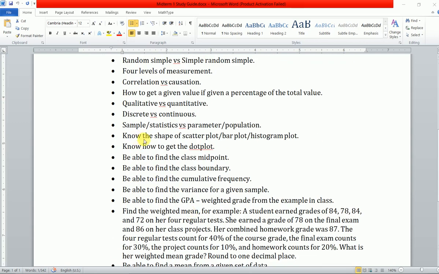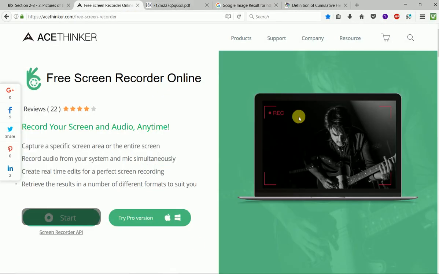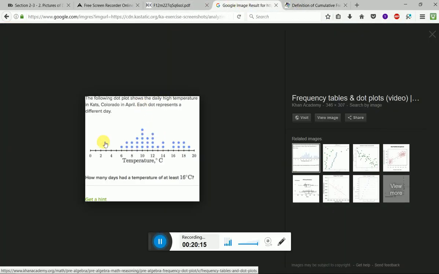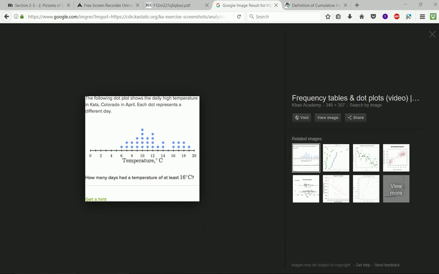Now you should be able to know the shape of the scatter plot, the bar plot, the histogram we already know from the quiz, and how to use the dot plot. How does it look like? For example, if I click on this one, I know this is the dot plot.